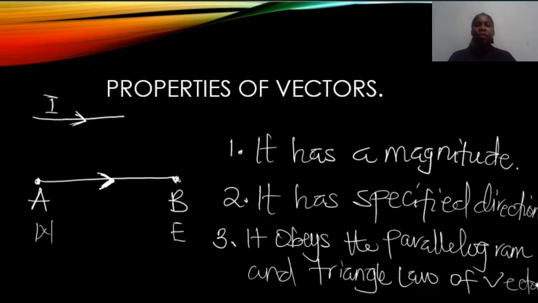This is the main property that distinguishes it from a scalar quantity that can be represented by a magnitude and an arrow showing direction, like current. It doesn't obey the parallelogram and triangle law of vectors, so it doesn't make it a vector quantity.